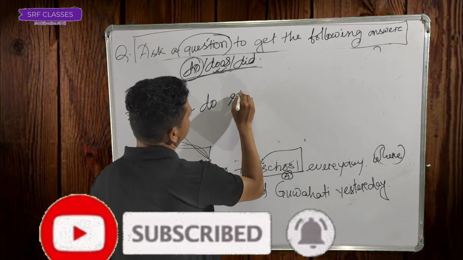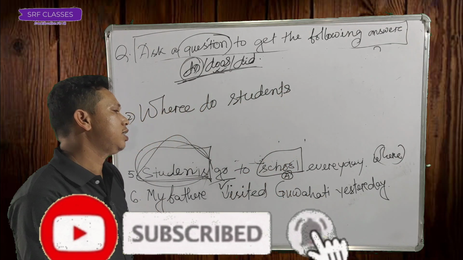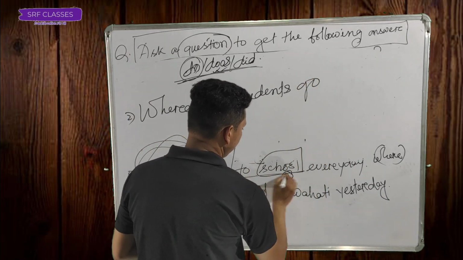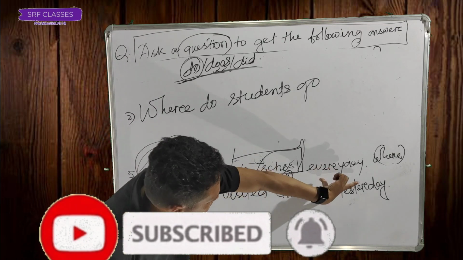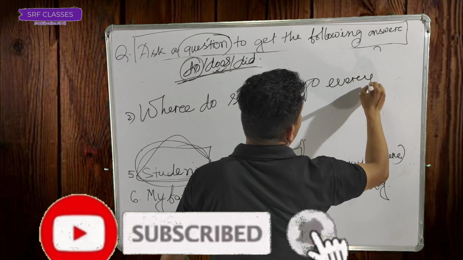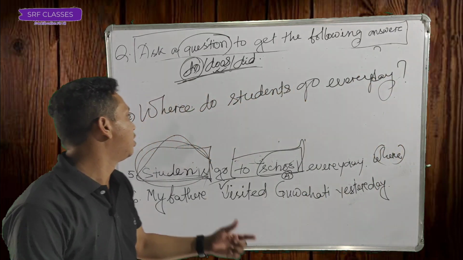Next the subject is students. Where do students go? And to school is together the answer. So what is remaining? Every day. We'll add this every day here, and at the end of the sentence, the sign of interrogation.